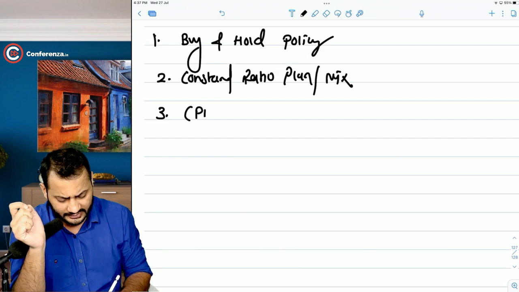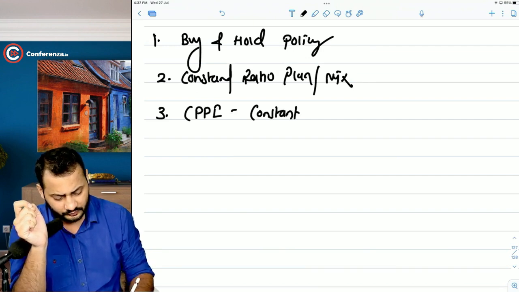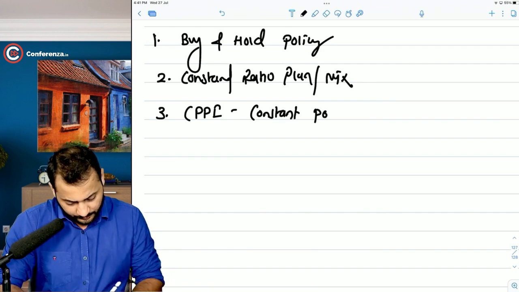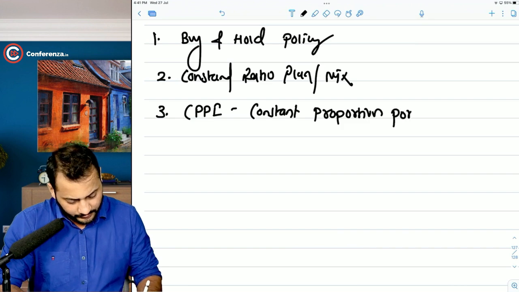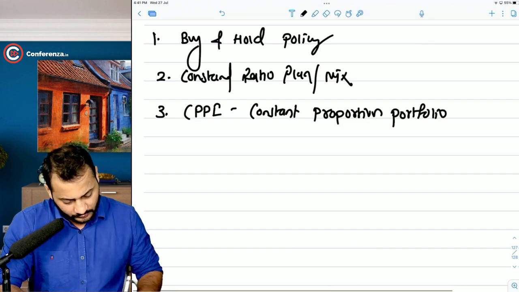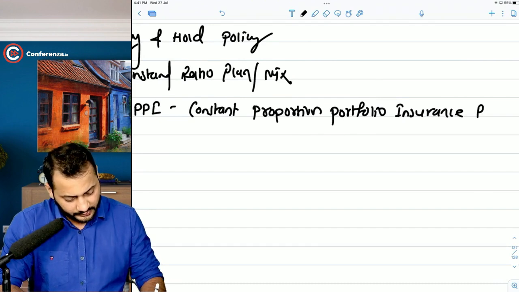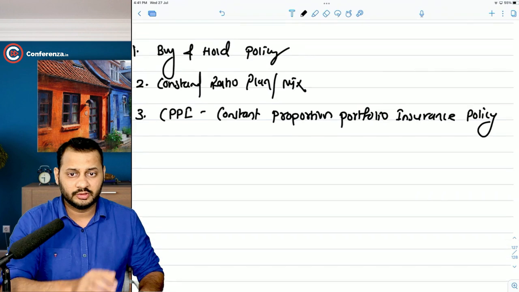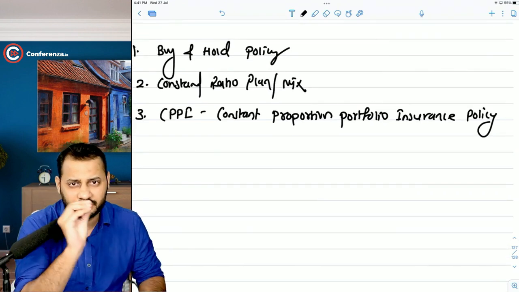We are going to call it CPPI. What does that mean? It means constant proportion portfolio insurance policy. So this is the CPPI policy, constant proportion portfolio insurance policy.